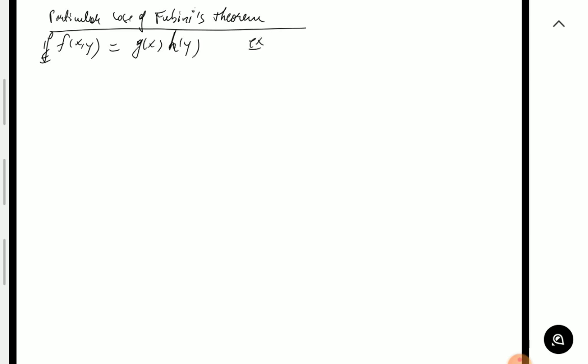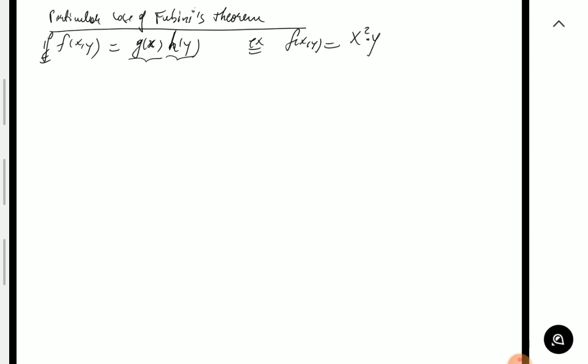As an example, let's say your function to integrate is x squared times y, or something similar. If you can separate it, in other words, those of you who took differential equations, this is like the method of separation of variables. If you can separate your function into a product, something in x, something in y, Fubini's theorem basically leads to a product of integrals in g and h.